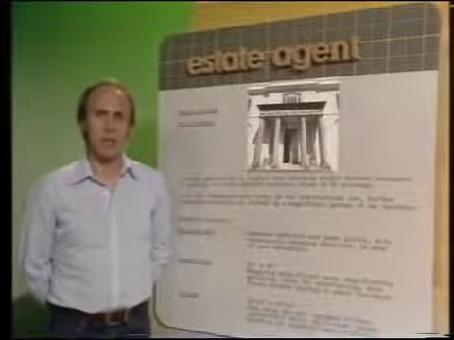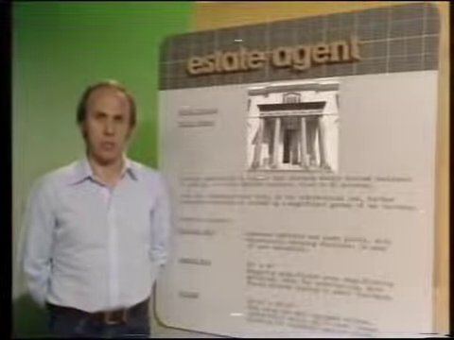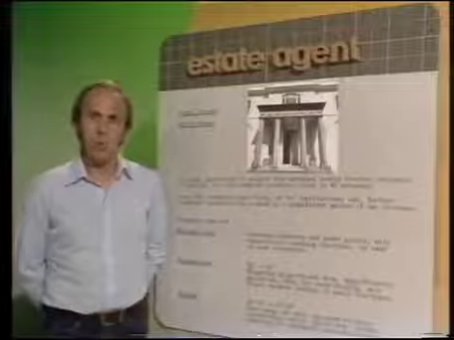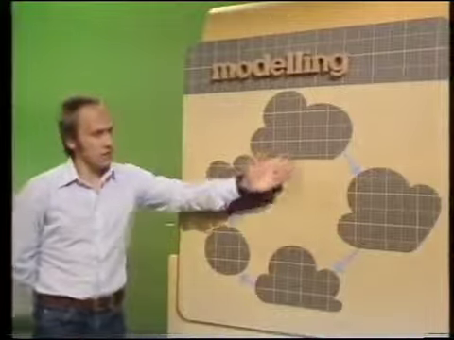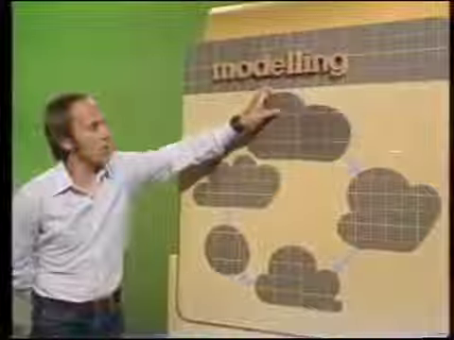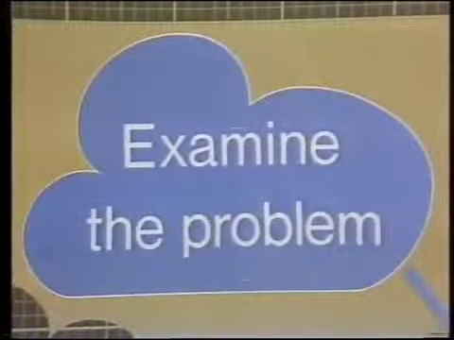How can we get mathematics to help us to solve this problem? Well, that's where modelling comes in. Modelling is something that you'll see throughout the course. It's a technique which comes in various stages. And at the moment, we're at the stage of examining the problem.